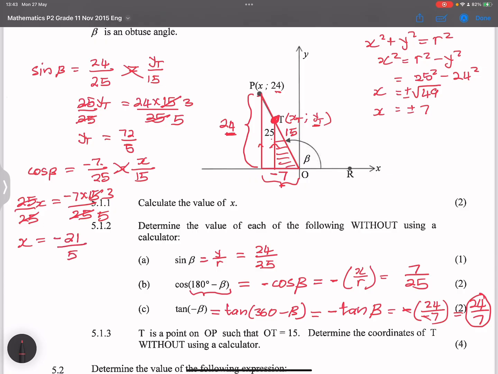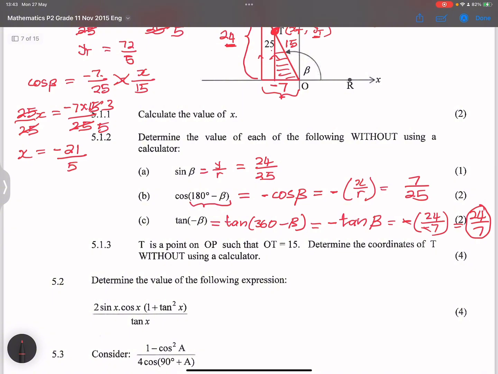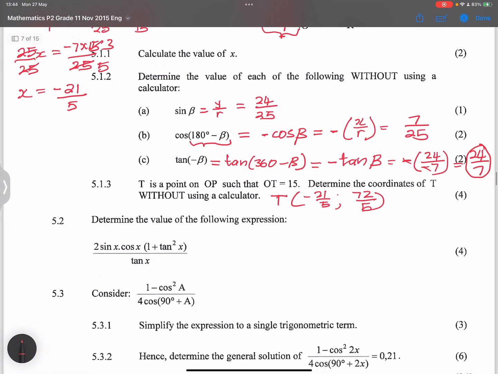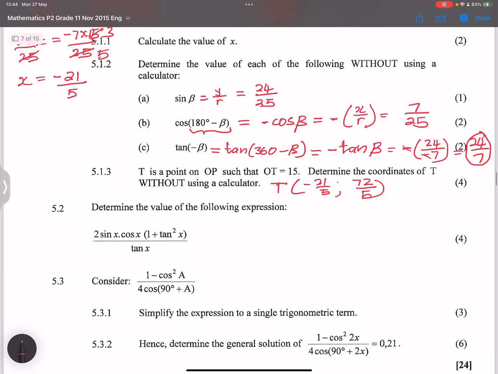And so that means that the coordinates of T are equal to -21 over 5 as well as 72 over 5. All right, and that's how I'm going to leave it there. I hope that you were able to follow on.